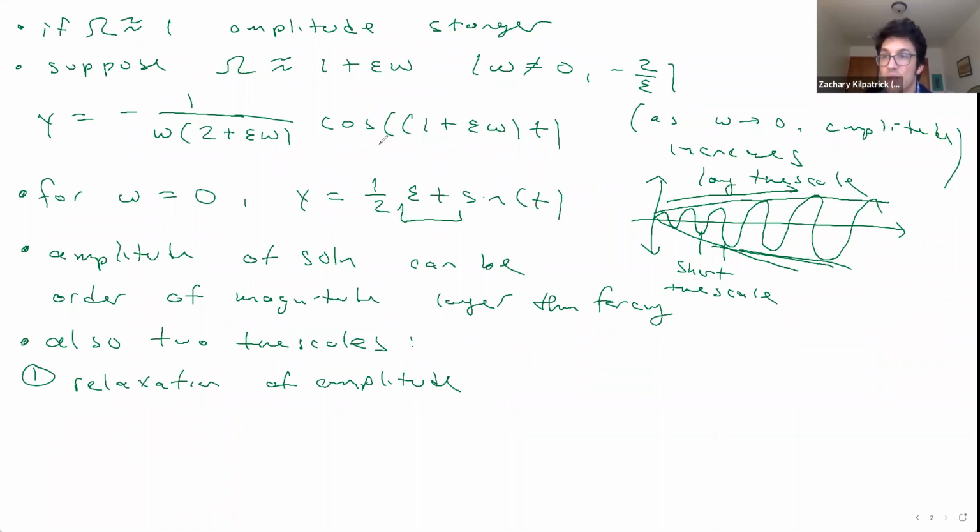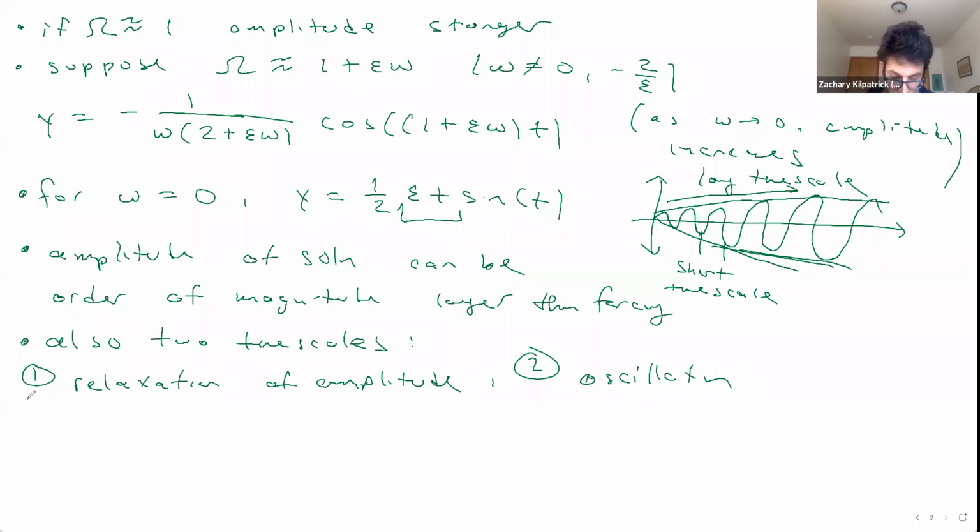But once we start dealing with nonlinearities, once we start dealing with friction and damping combined with resonance, we should expect to see these slow time scale relaxations as we see in a standard linear resonant oscillator. Secondly, there's the oscillation frequency.